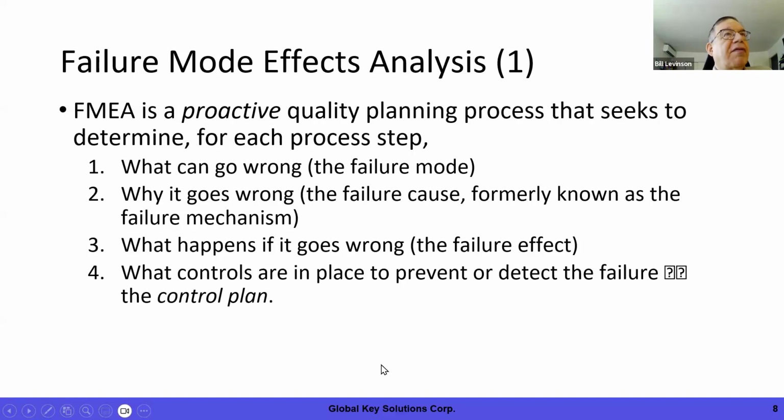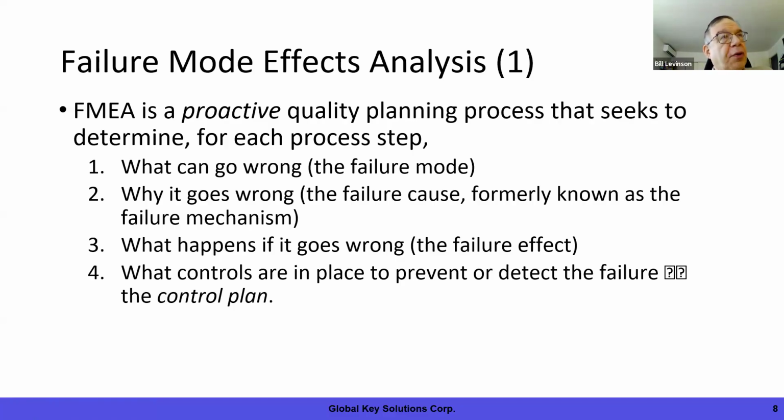FMEA is a proactive quality planning process that seeks to determine for each process step what can go wrong, the failure mode, such as adding the wrong ingredient to your product, and why it goes wrong. This was previously known as the failure mechanism.